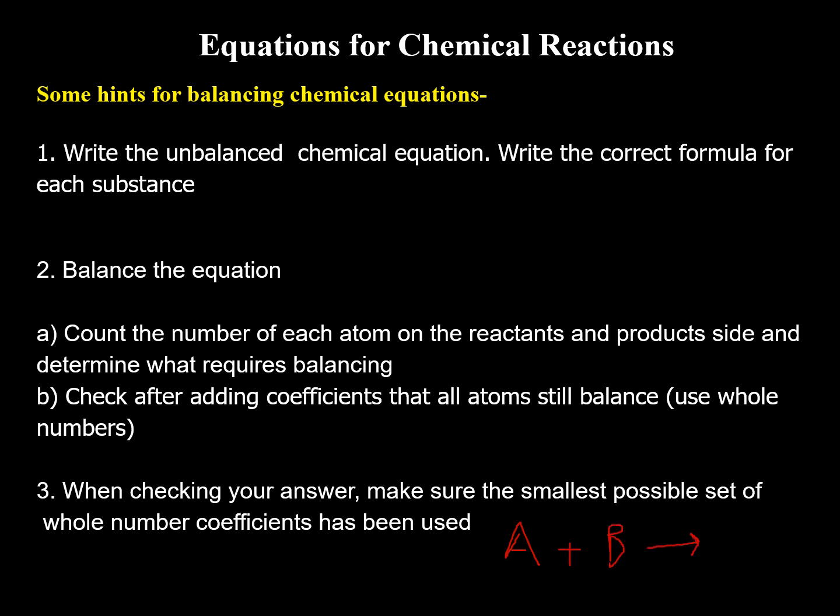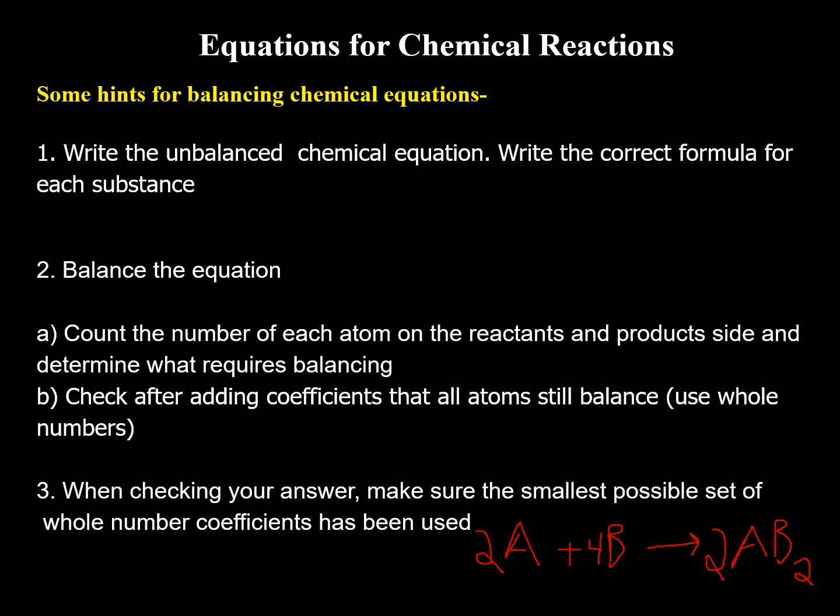Meaning if I had an example, I'm just making up the elements, we had A plus B gives, let's say, AB squared. If I were to balance this, let's say I balanced it, we got 2, 4, and 2. We cannot leave the answer like this. We must simplify to the smallest amount.